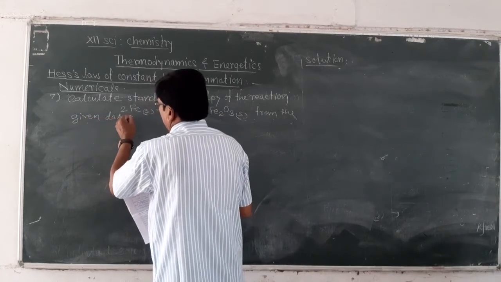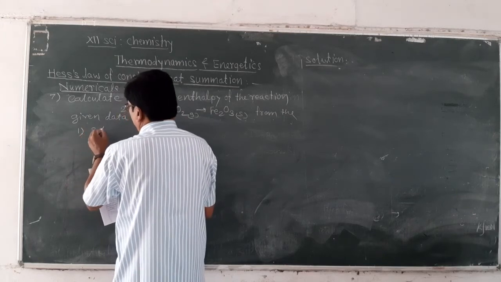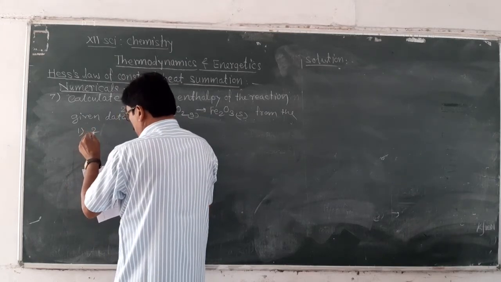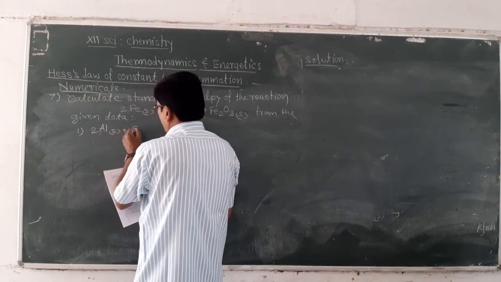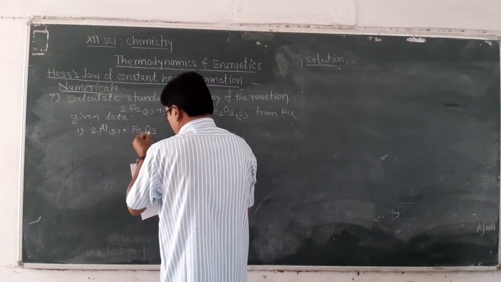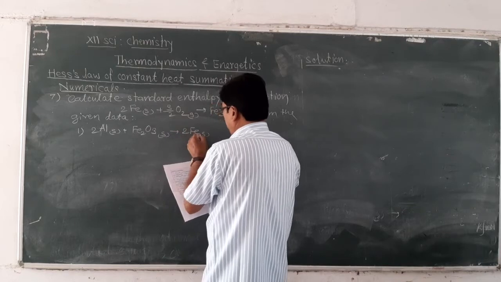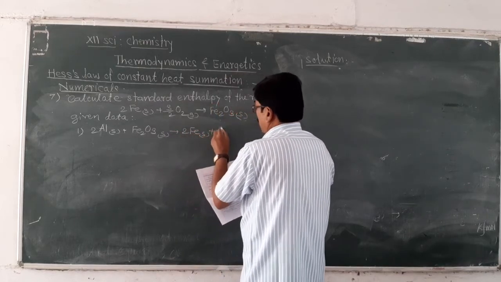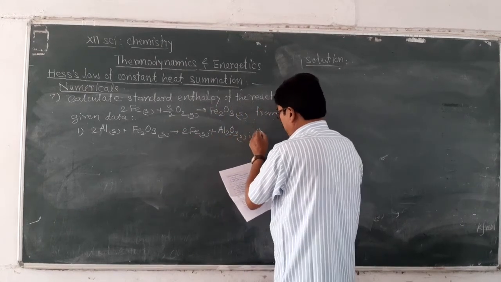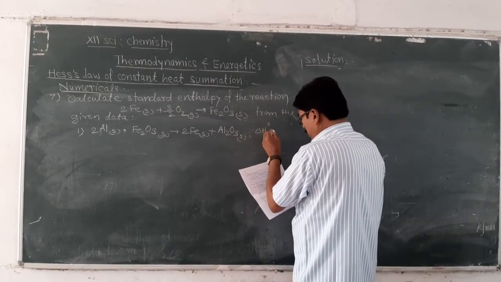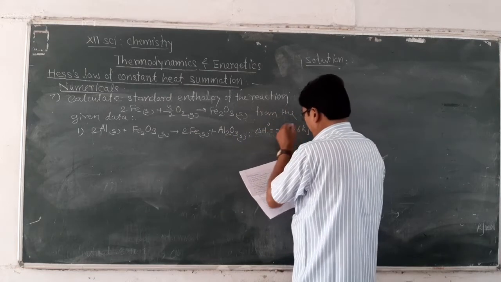Here two equations are given. First, 2Al solid plus Fe2O3 solid gives twice Fe solid plus Al2O3 solid, and enthalpy of this reaction is given as minus 847.6 kilojoule.